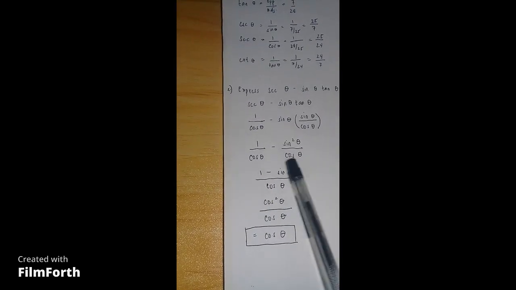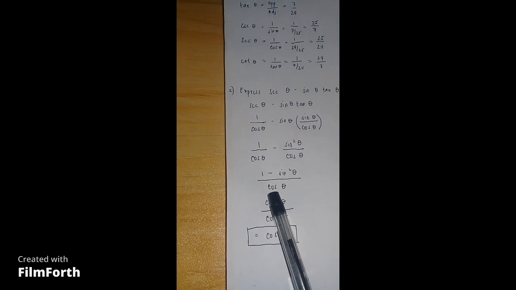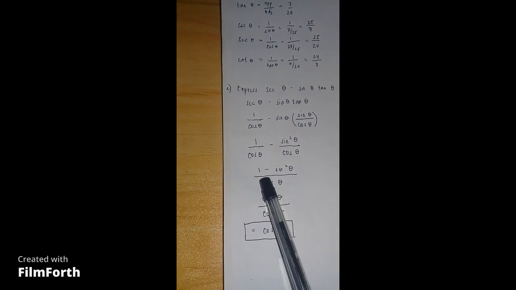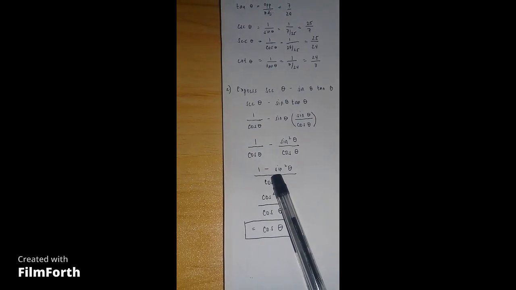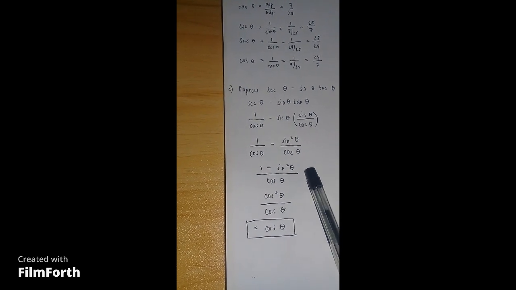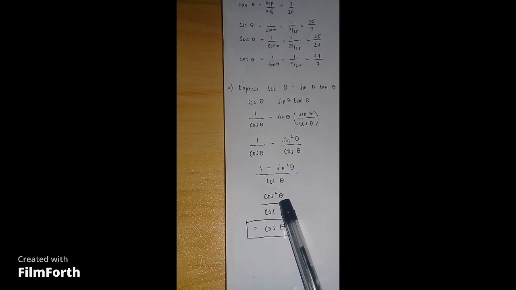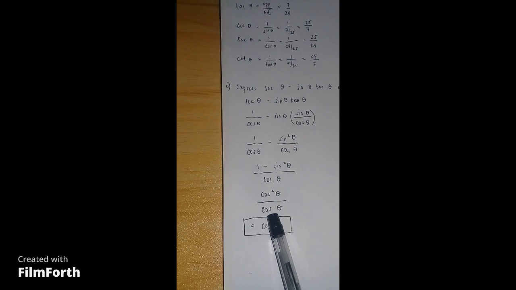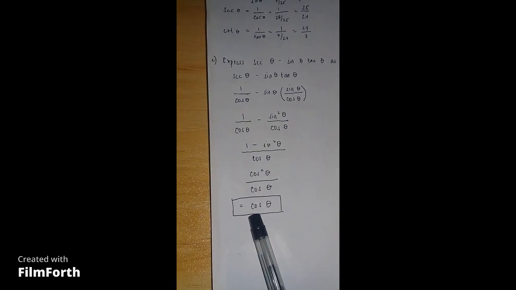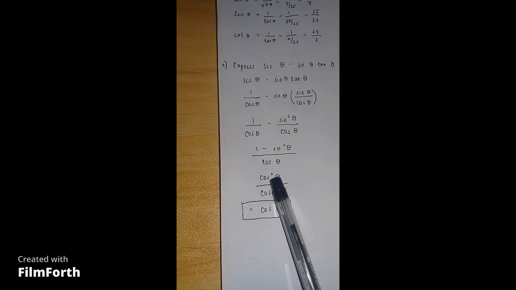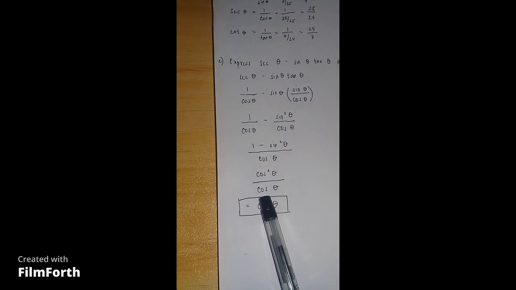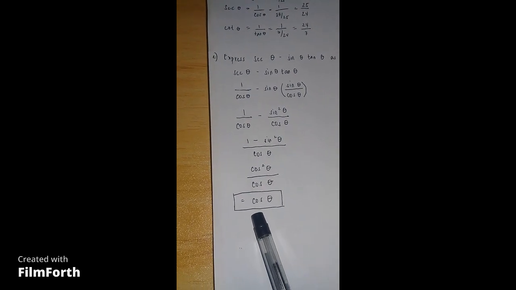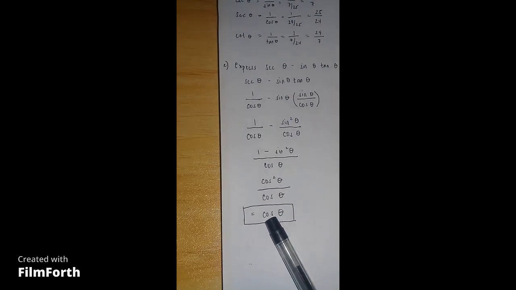They are the same, so just copy cos theta. So 1 minus sine squared theta is equal to cos squared theta, and copy the cos theta. So our final answer is cos squared theta divided by cos theta, which is cos theta. So this is the final answer in number 2.